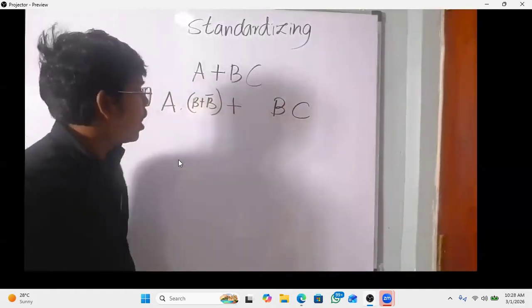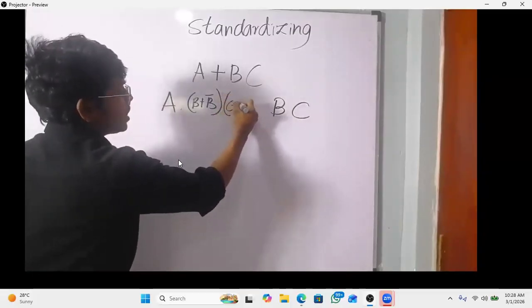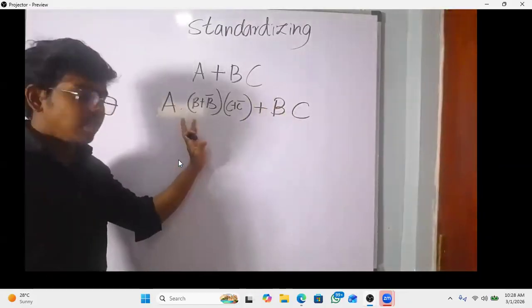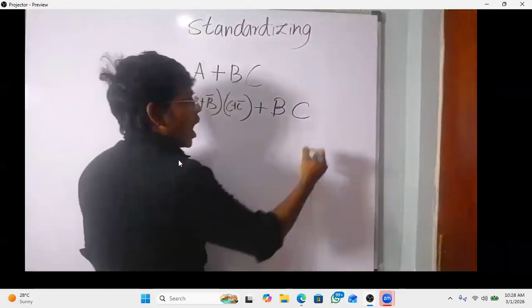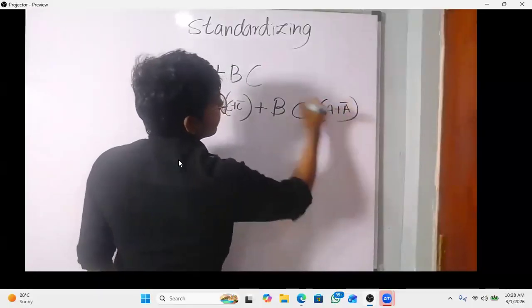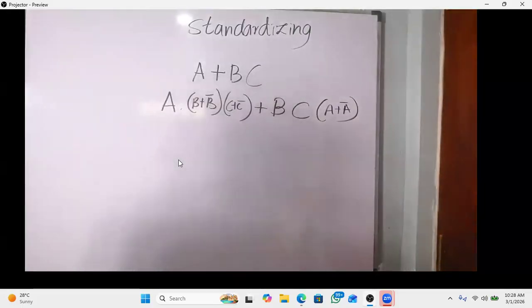Same concept. I can add C. See, C plus C bar. I added B, I added C. And here also, I can add A plus A bar. Same concept. Is that clear? Is that understood? Tell me, is that clear?